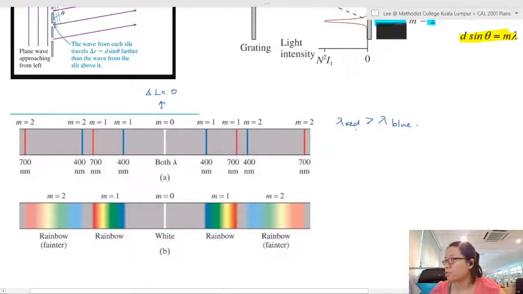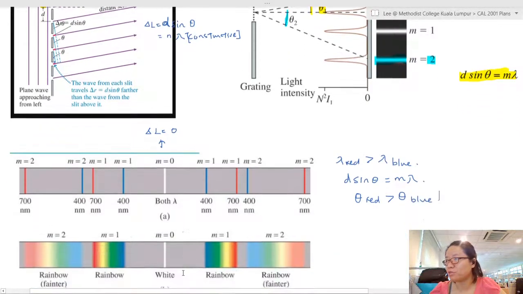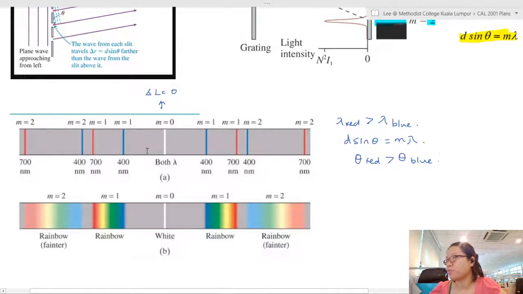If the wavelength of red light is larger than the wavelength of blue, and we follow the equation d sine theta is equal to n lambda, then theta for red must be bigger than theta for blue. Due to this, your blue will spread out less. When this angle is small, they don't go that far away. So blue will spread out less and red will spread out more.